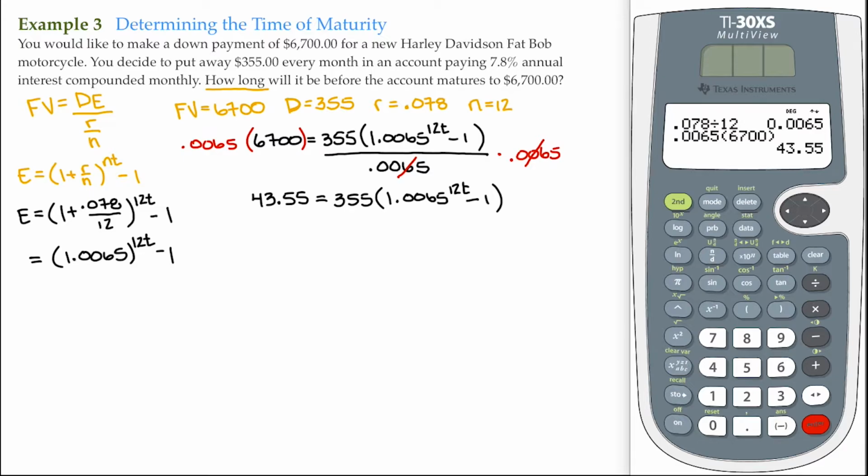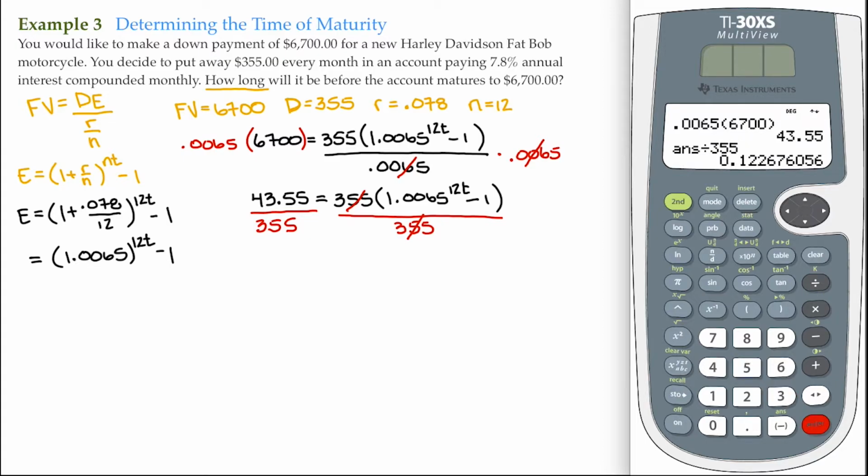I continue with the algebra. I'll divide both sides by 355. That'll cancel and that'll cancel. I'm just going to go ahead and do the operator, divide 43.55 by 355. So that's 0.12267606.